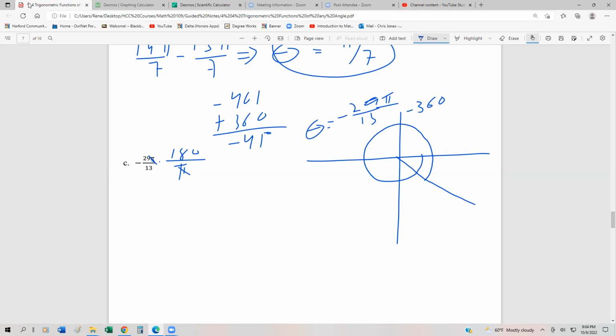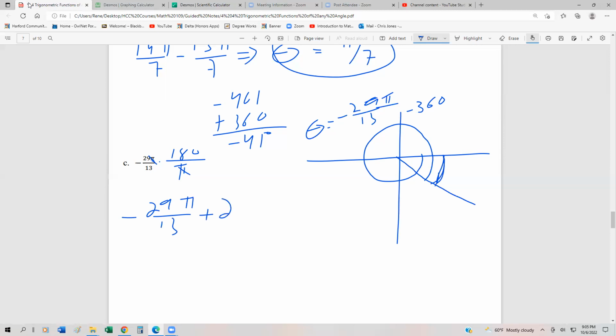What we might want to do is add 2 pi, and then figure out what the rest of the angle is going to be from there. So I'm going to take negative 29 pi over 13 and add 2 pi, just to figure out what the leftover is.